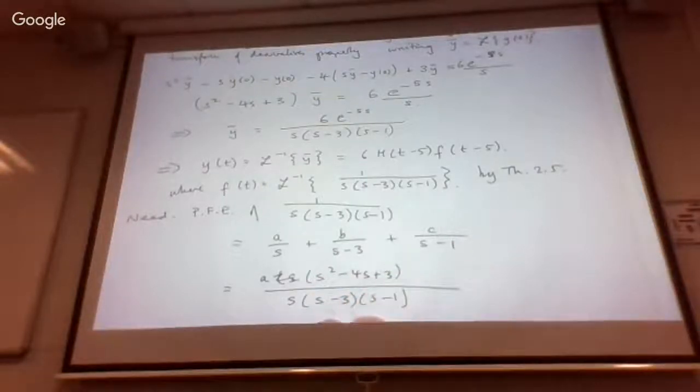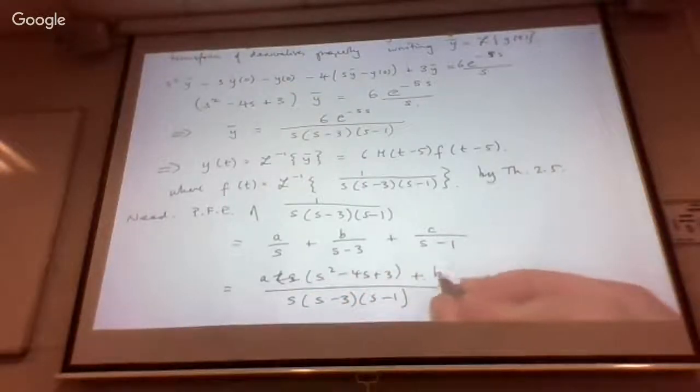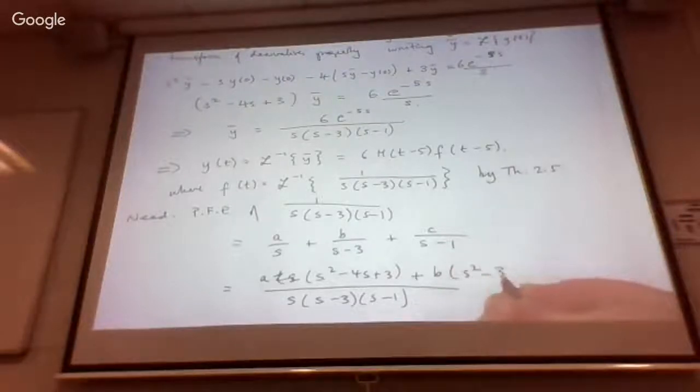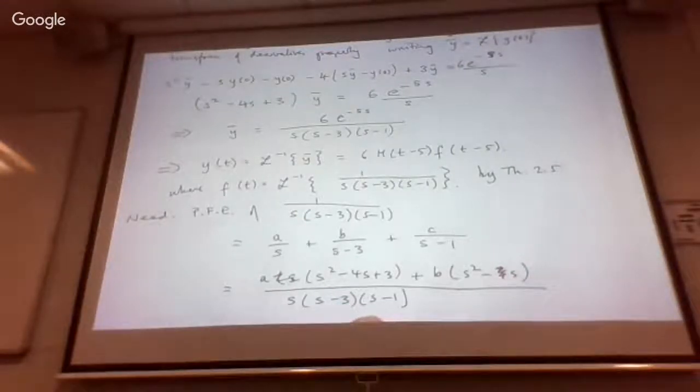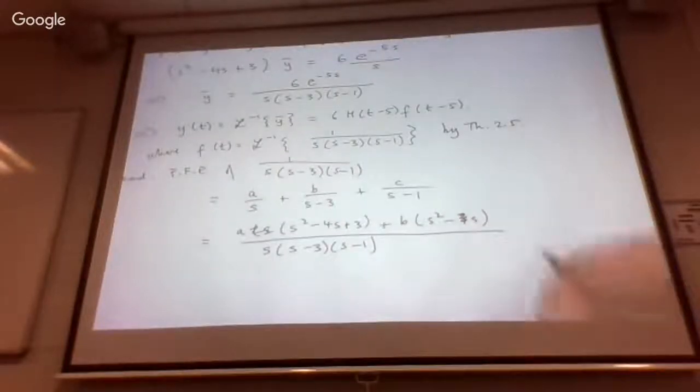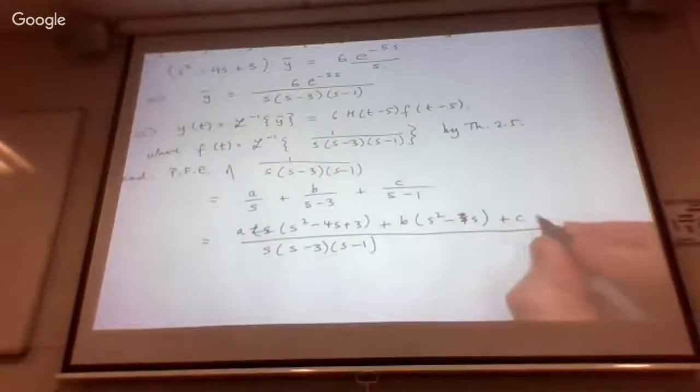B is multiplying s times s minus 1, which is s squared minus s. And c multiplies s times s minus 3, which is s squared minus 3s.